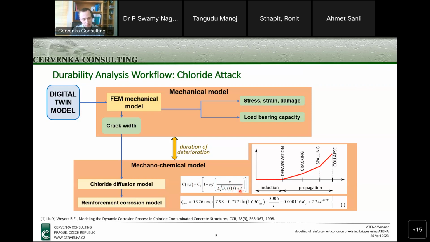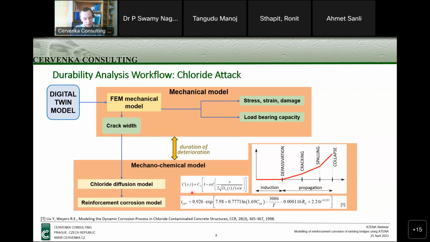This is represented with this term in the equation. And based on this, we can calculate the chloride concentration at a given depth under the surface at a given time.